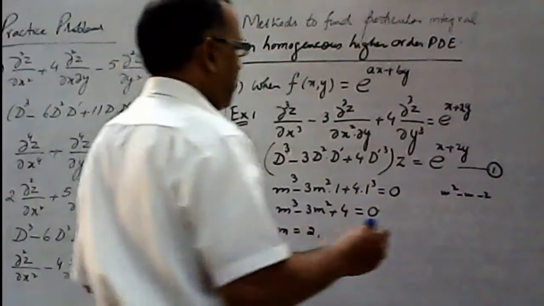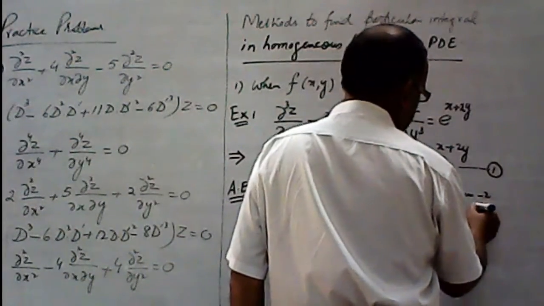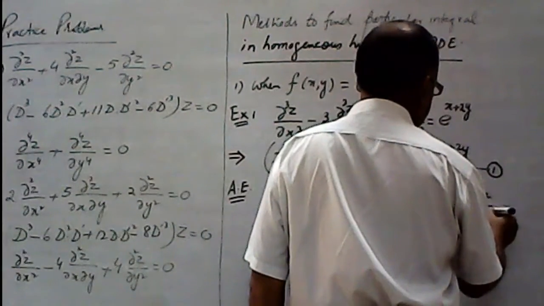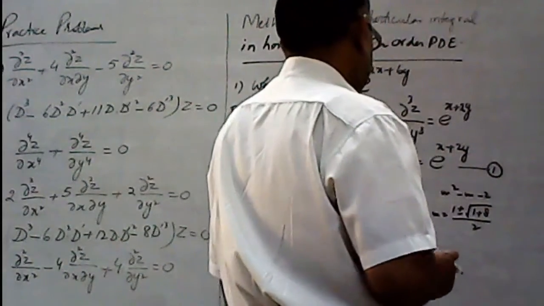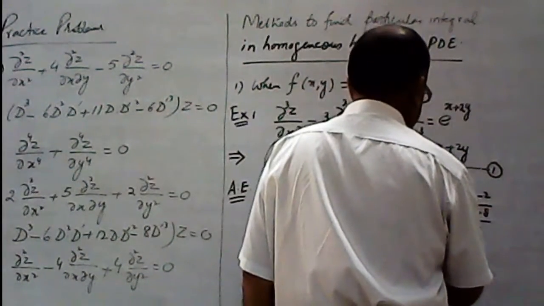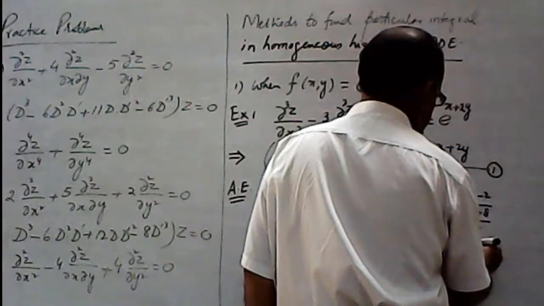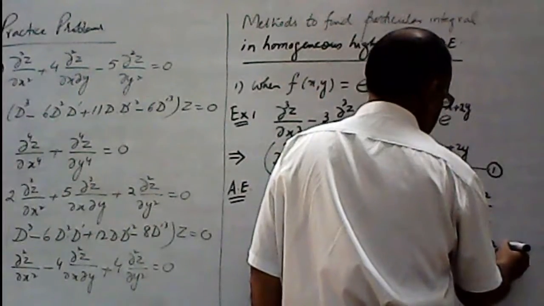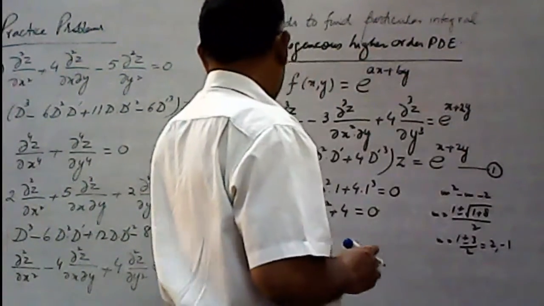Other two roots will be n equal to 1 plus minus under root 1 plus 8 upon 2. So n is equal to 1 plus minus 3 upon 2, minus 1.